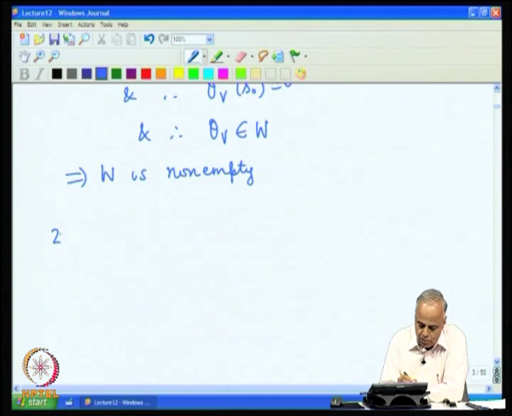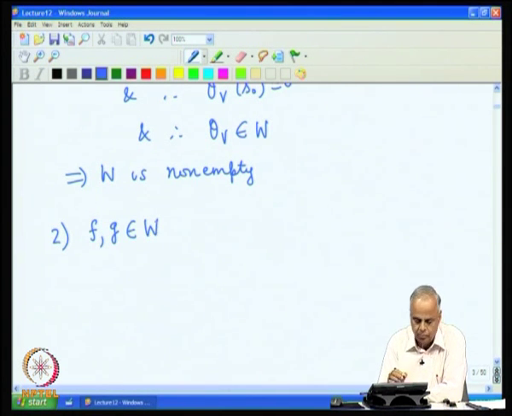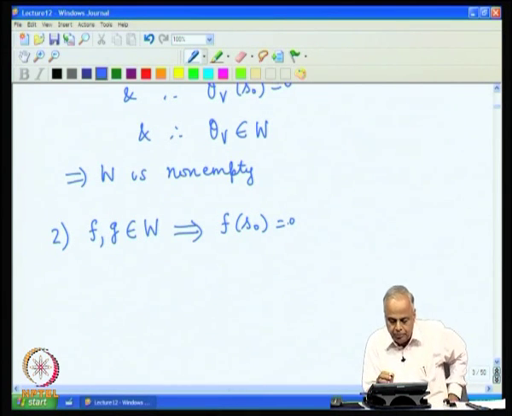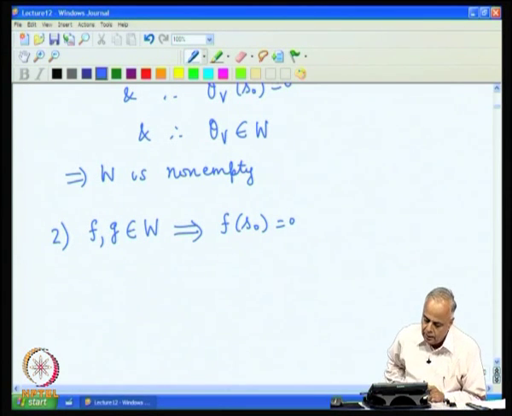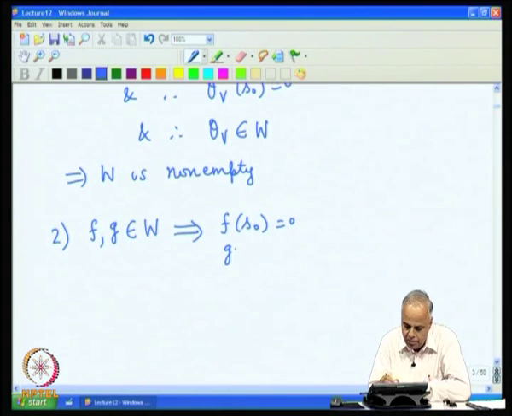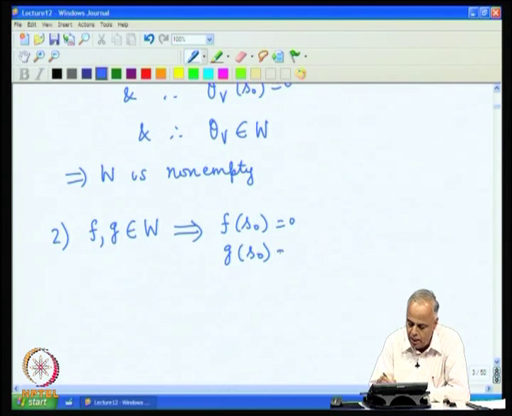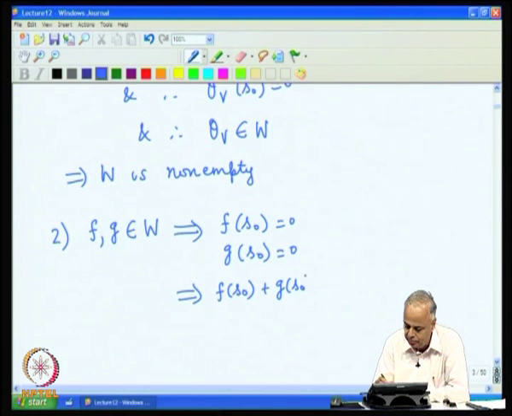Next, suppose we have two functions f and g in this collection. The fact that f is in W means it has the value 0 at S naught, and the fact that g is in W means g is 0 at S naught. This means f of S naught plus g of S naught is 0.